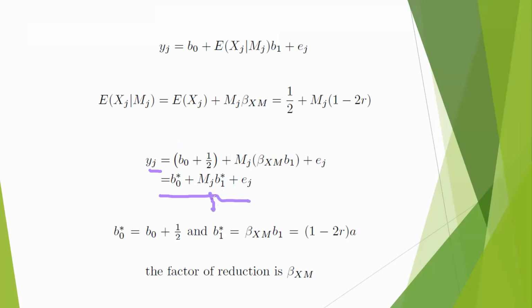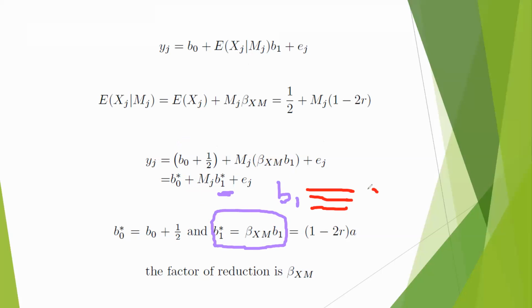Now, as you can see, if we just use the marker genotype to estimate the genetic effects, what is the B1 star here? Actually, B1 star equals to this, not B1 itself, right? B1 is the real additive effect associated with the QTL.